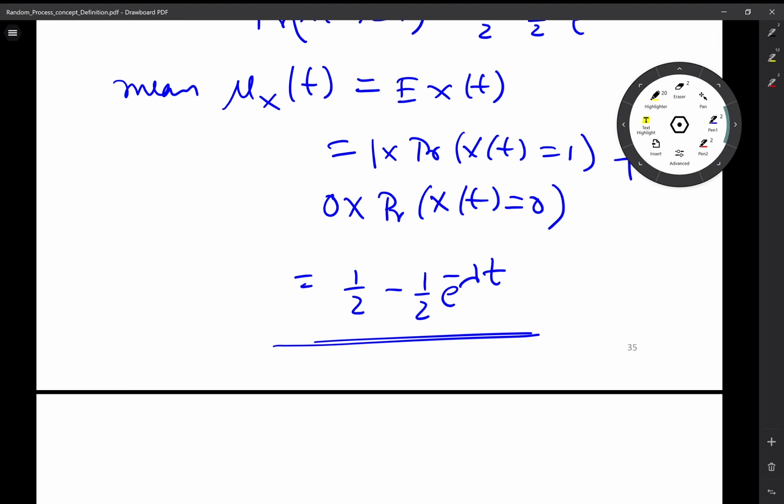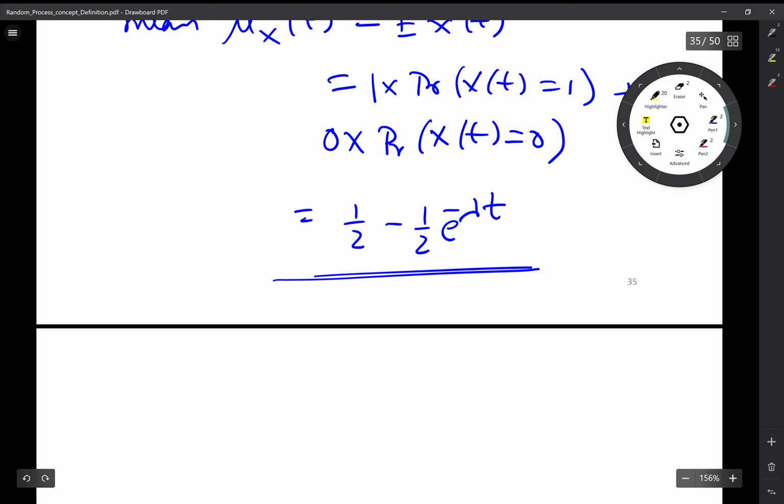Okay. Now the second thing, this is a first order moment. Now another thing we need to define, which is a second order moment, and we call it the autocorrelation function. Let's define it. This is also very important.